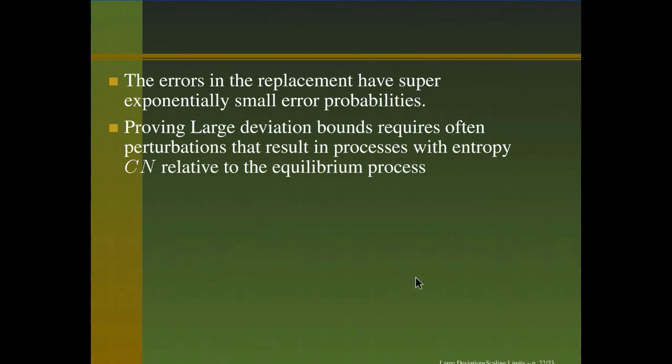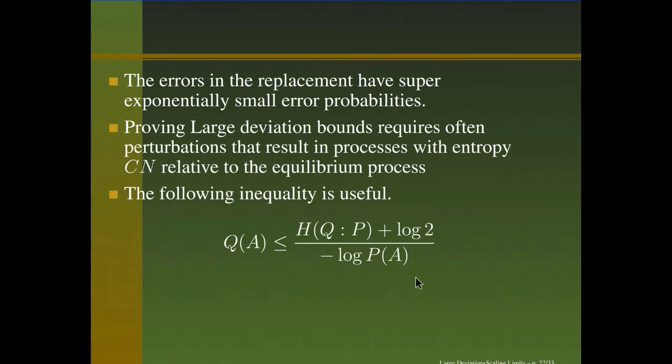So we need to estimate for any measure q which has relative entropy with respect to p bounded by n: if p of a is super exponentially small, then we want to show q of a is small. And that requires an estimate of this type.